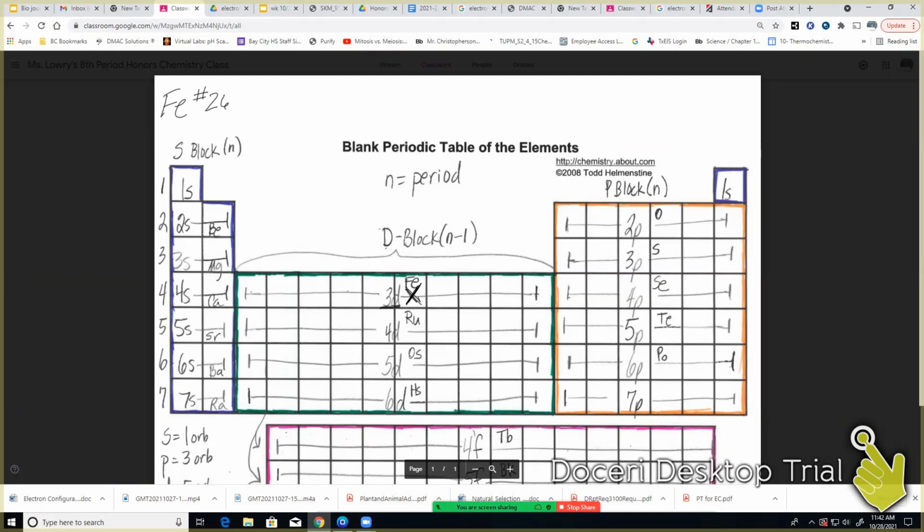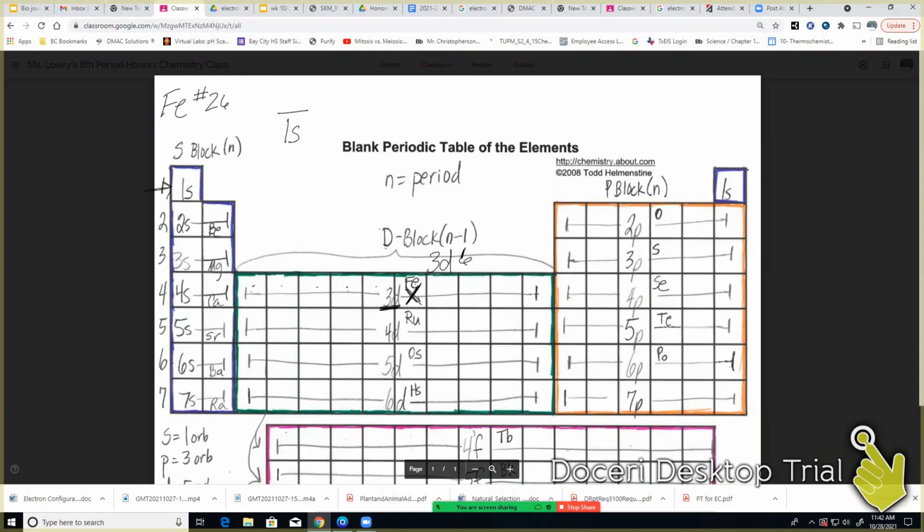So iron is in 3d. So my very last thing I should be writing is 3d. And if I count my boxes, 1, 2, 3, 4, 5, 6, so 3d6 should be the very last thing I write. So if I start to get lost, then I can find out where I should be. So once again, start where you start.